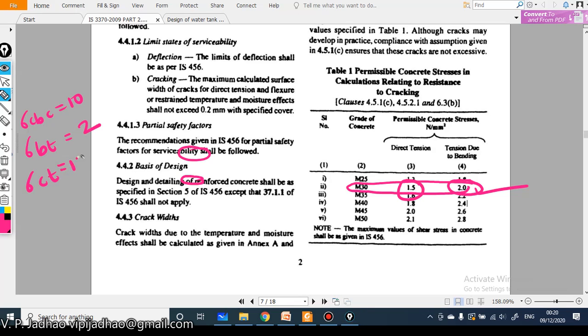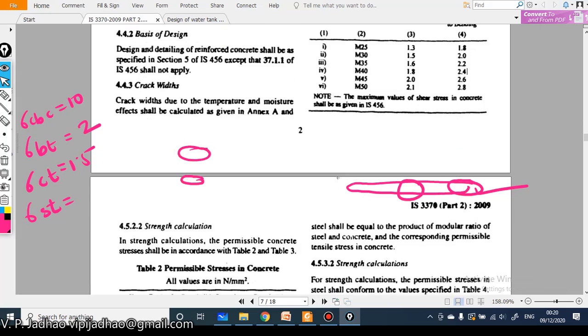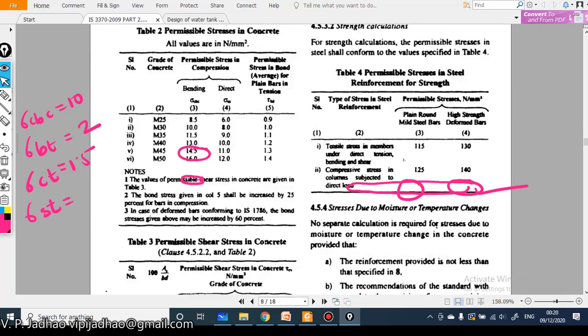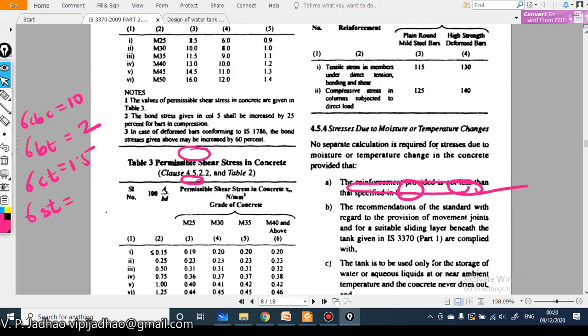We also have to find the value of sigma ST. We can get sigma ST from table number 4, for tensile stresses in members under direct tension, bending and shear.